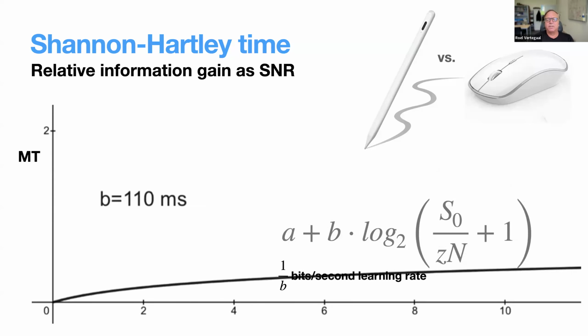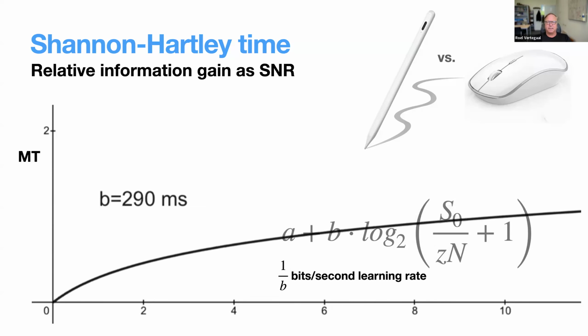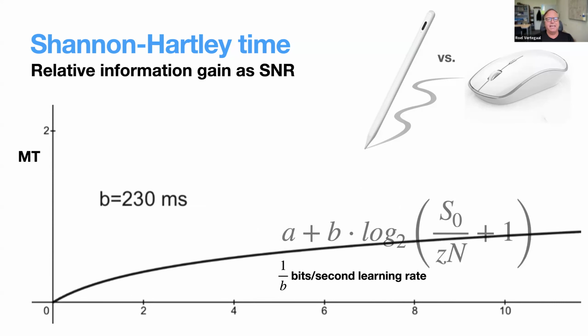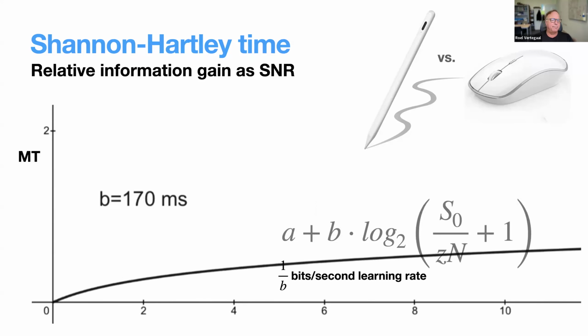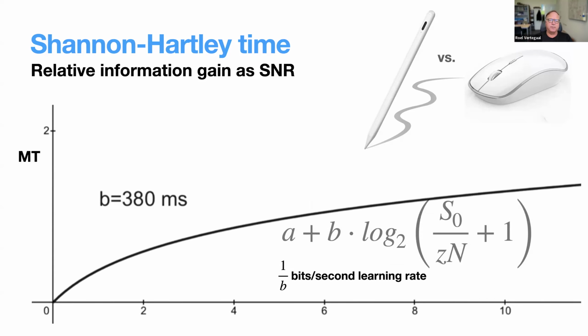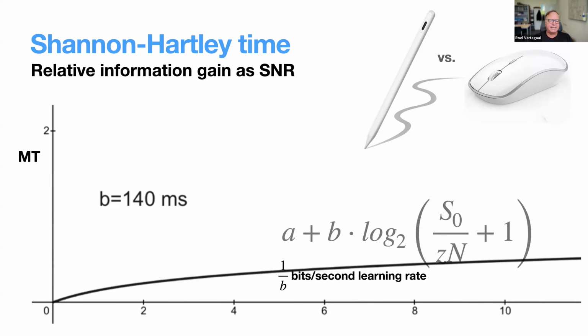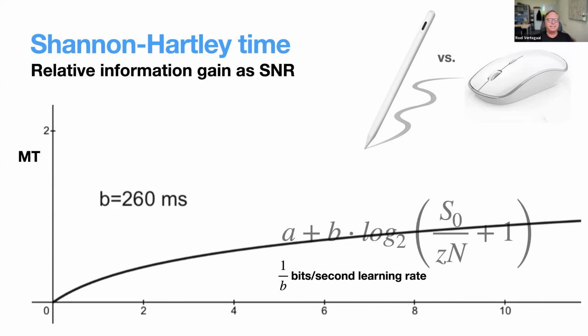Here we see the logarithmic relationship. We see movement time on the y-axis and the number of choices on the x-axis. And the b typically in these Fitts law experiments is somewhere between something like 200 and maybe 400 milliseconds. So we can express about 4 to 8 bits a second. It depends also on the device you're using.